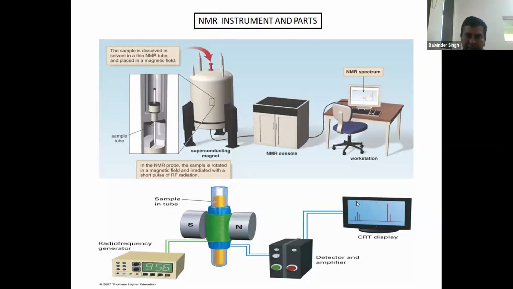This is the same setup, but there is a different way of acquiring the signal. But the most widely used part of NMR is this instrument, the Fourier transform one. I showed this so you can get some idea of where we get NMR and how the instrument looks.